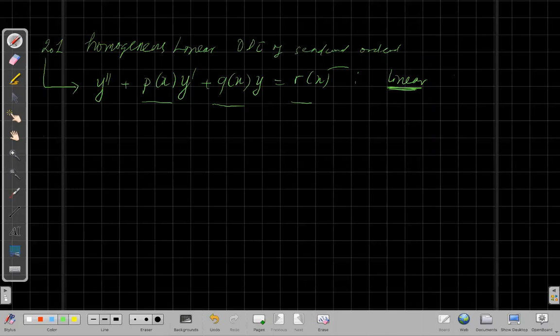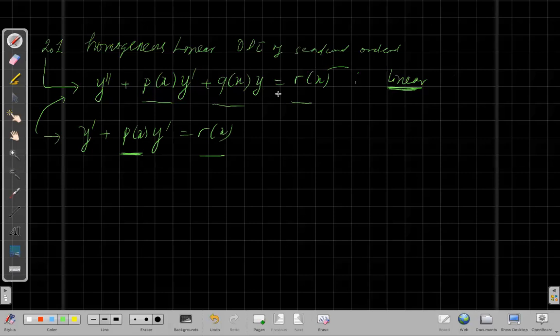Similar to section 1.5, where we already discussed the linear first order differential equation y prime plus p(x) y equals r(x). Indeed, it is linear because it can be written in the form of the coefficient p(x) and r(x). Similarly, we have the second order linear ODE.